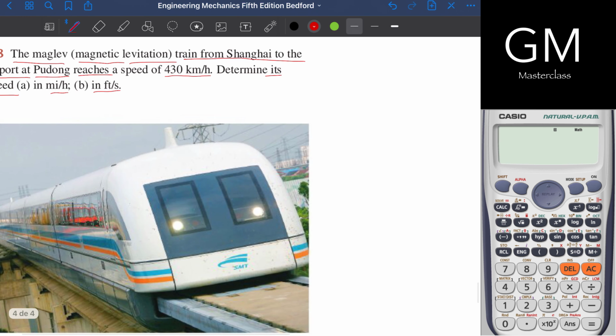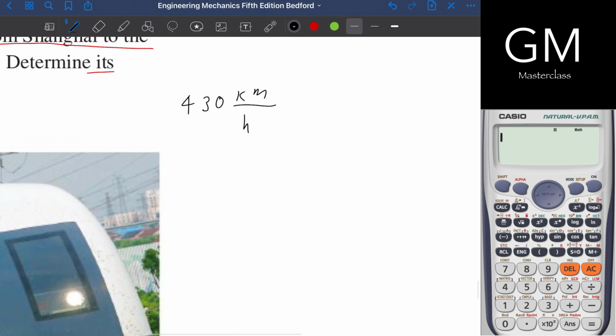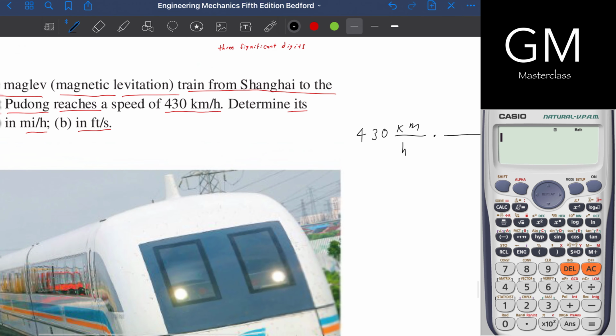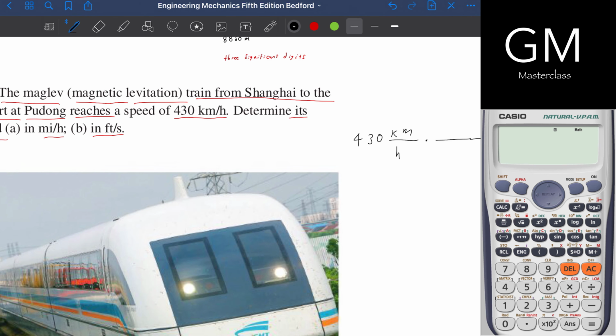So the first thing that we have to notice here is that we have 430 kilometers per hour, and now we're going to multiply that to eliminate these kilometers and convert into miles. I'm currently looking on my computer at the equivalence between meters and miles.